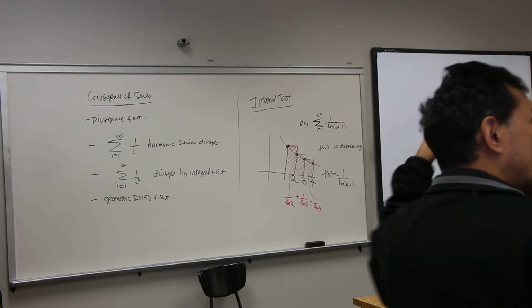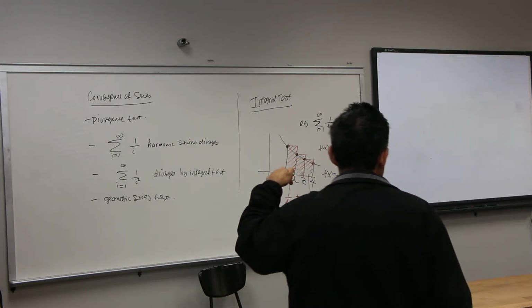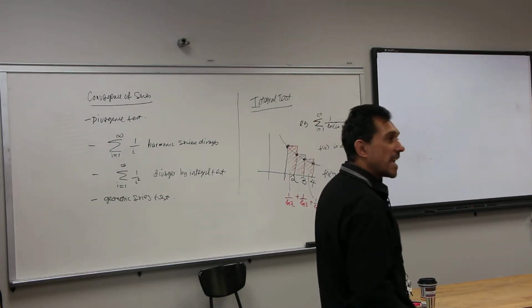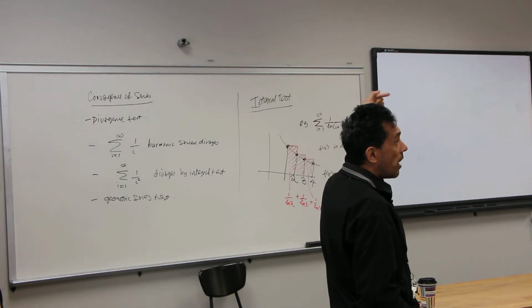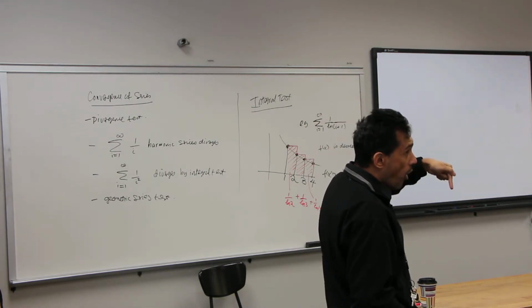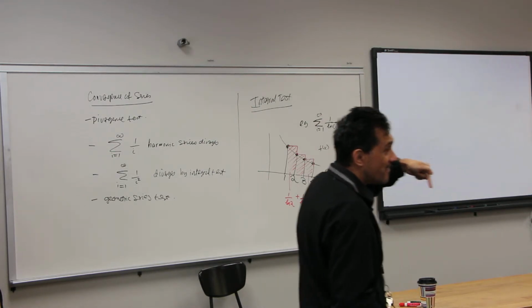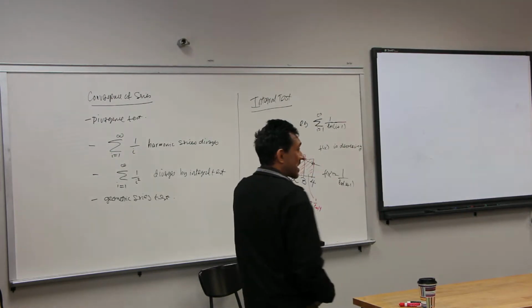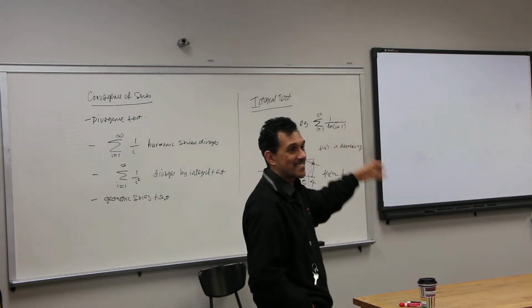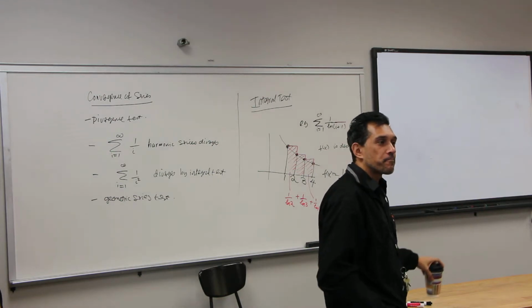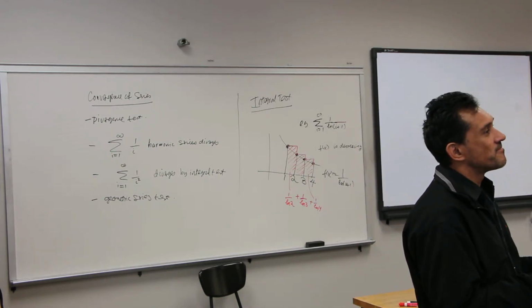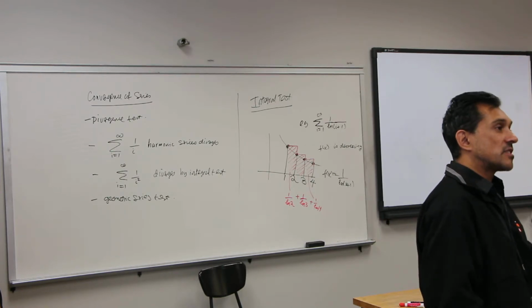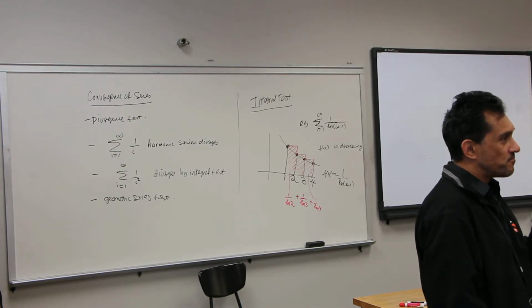In this particular case, the areas of my rectangles are more than the area under my curve. So I'm hoping to show what? That the area under my curve is finite or infinite?